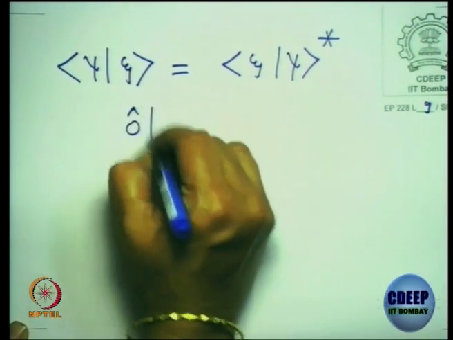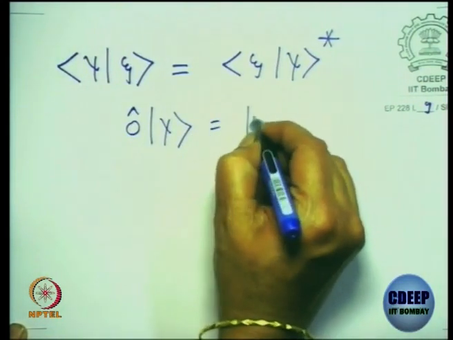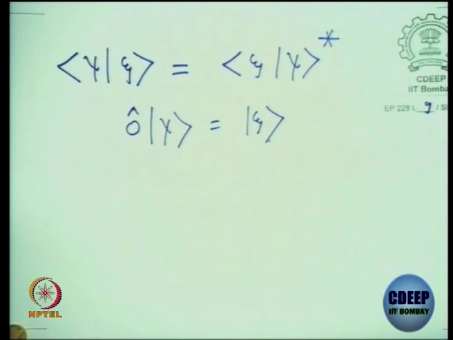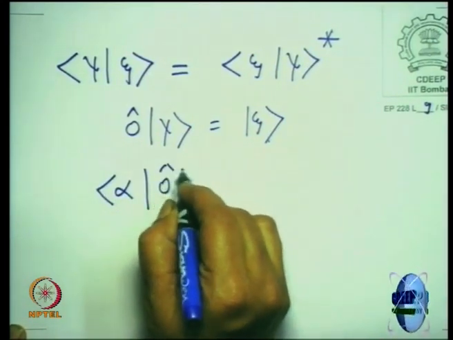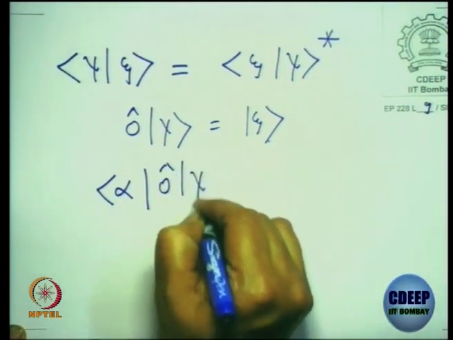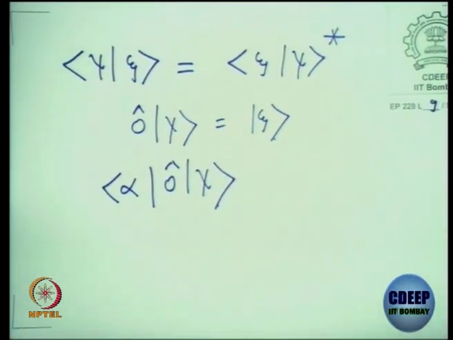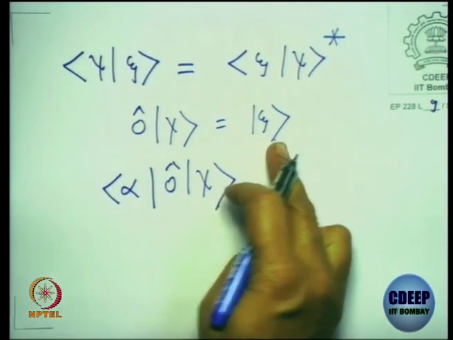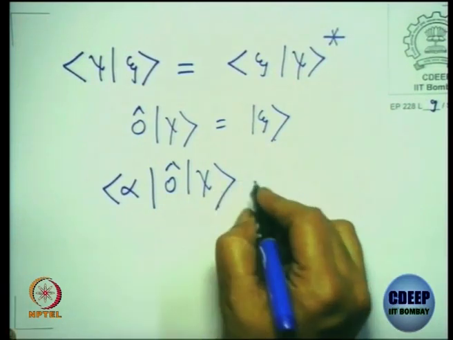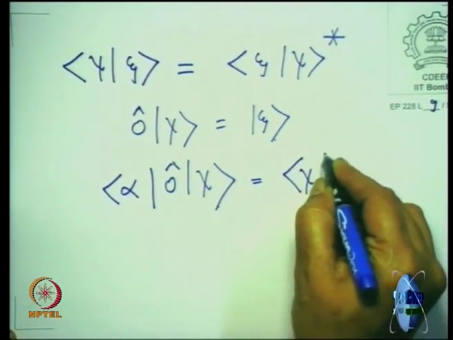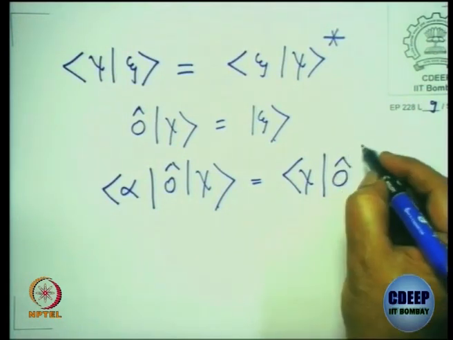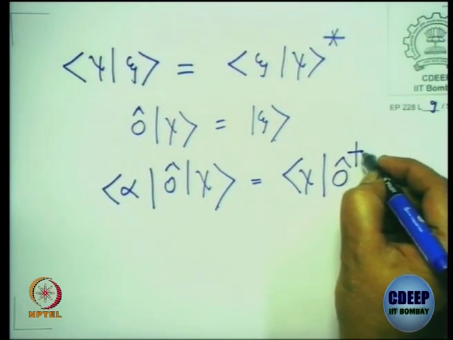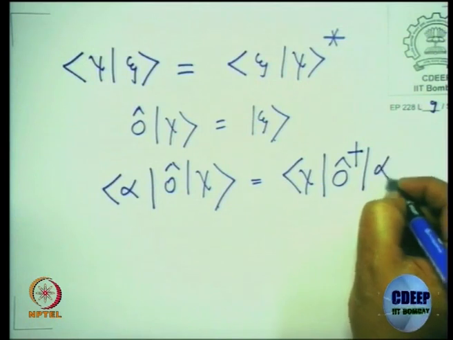If you have an O operator on chi giving me xi, then I can try to write an alpha with O operator on chi, that's xi. What will this be? Somebody? Chi with O operator dagger. You all agree? And then alpha.